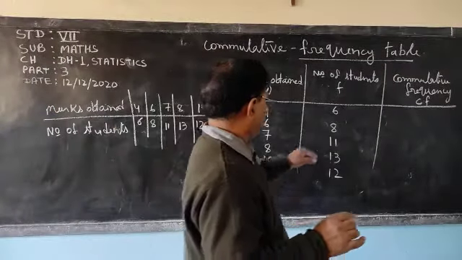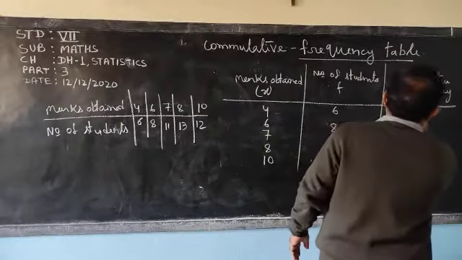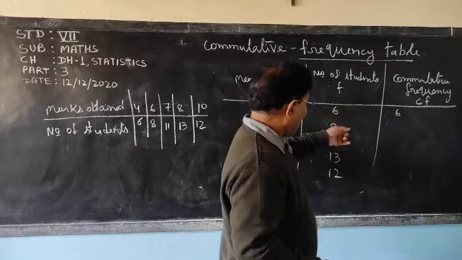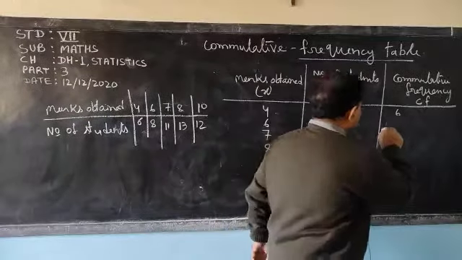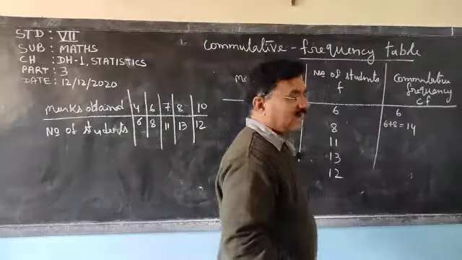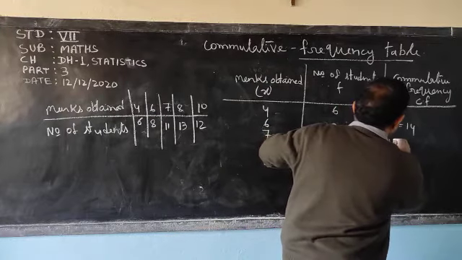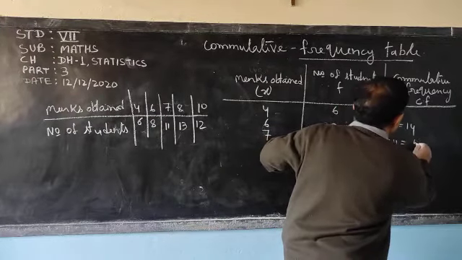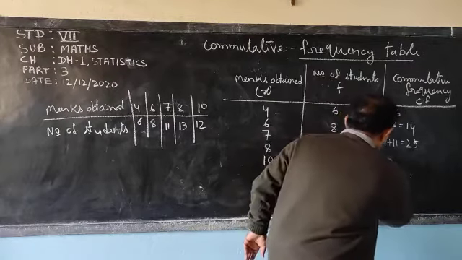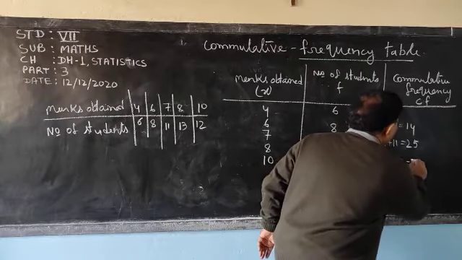See how I am writing. 6. So the first one will be the same. Cumulative frequency 6. Next one, 6 and 8 must be added. 6 plus 8, 14. Understood or not? In the next, 14 plus 11 will be added. 14 plus 11 is 25. In the third, 25 plus 13 is 38.